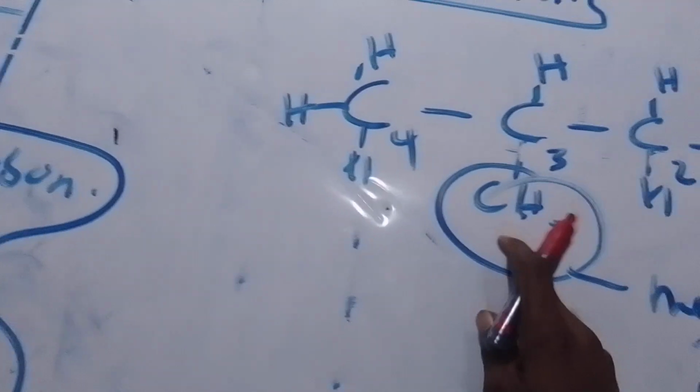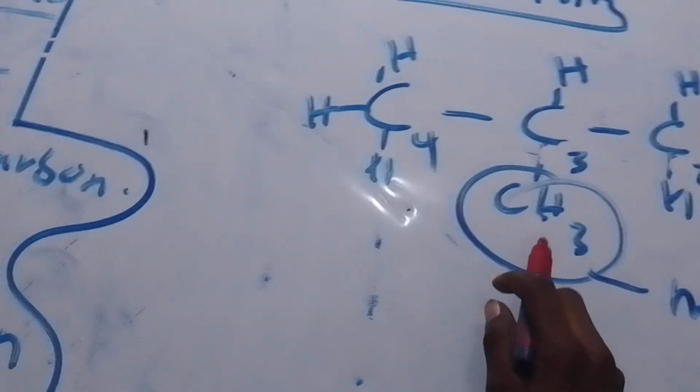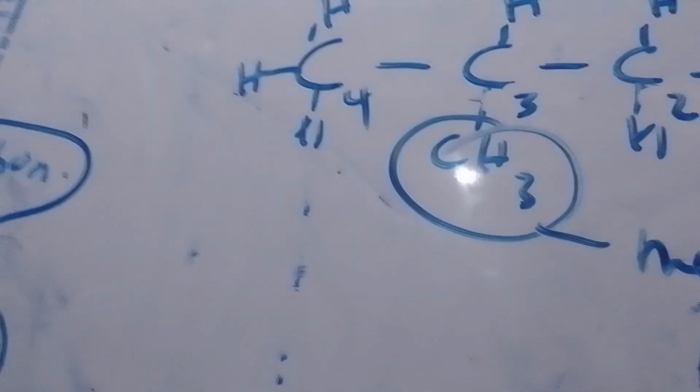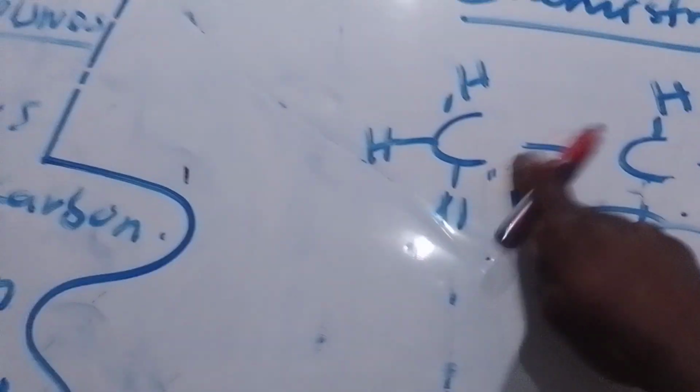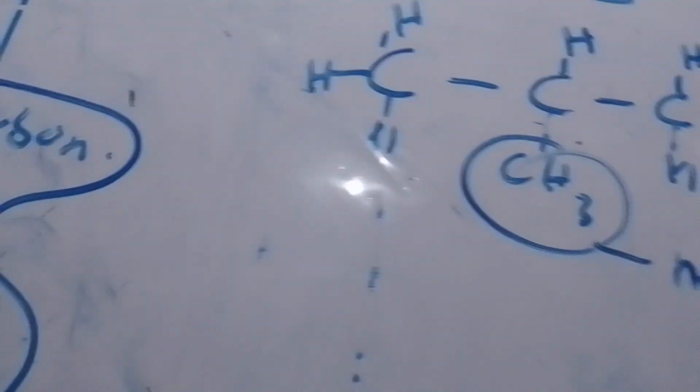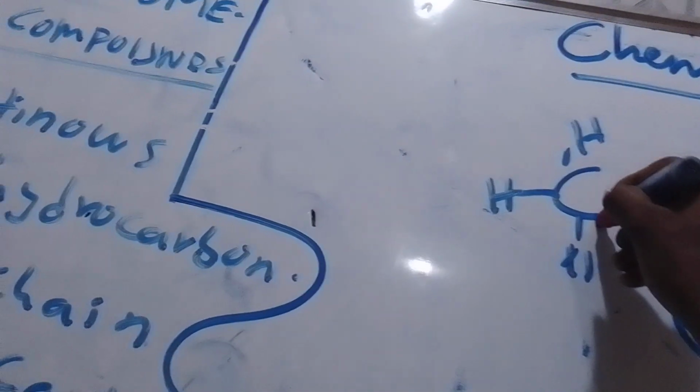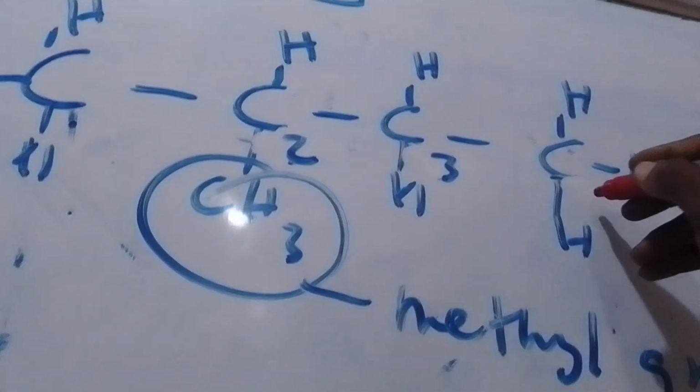Now I end up giving the carbon atom carrying the substituent the highest possible value, which is against the rules of IUPAC. So rather, I will choose to start from the left and number to the right. So here I have 1, here 2, here 3, and of course here 4. Okay, now that is the second rule.